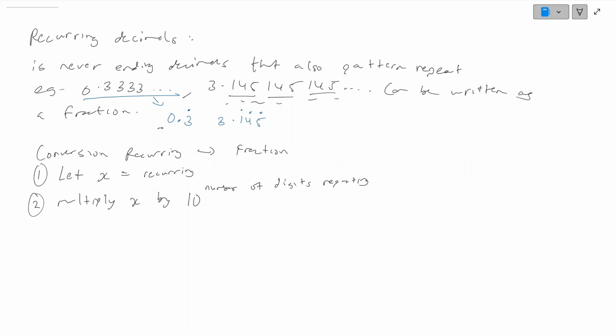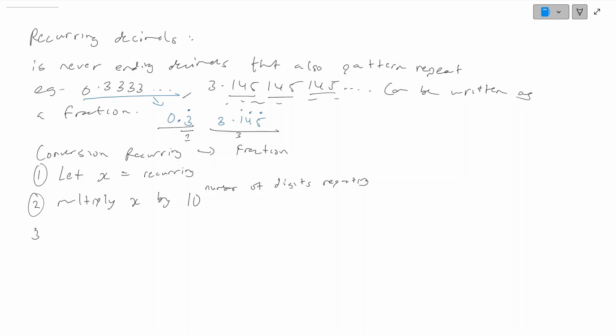So if you're looking at 0.3, there is only one digit that's repeating, which is 3. When you're looking at 3.145, there are 3 digits repeating. That is 1, 4, and 5. So depending on that, you will multiply x by 10 to the power 1 here or 10 to the power 3 here. We'll do an example after I explain the steps.